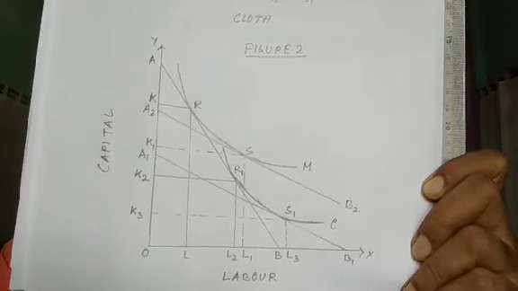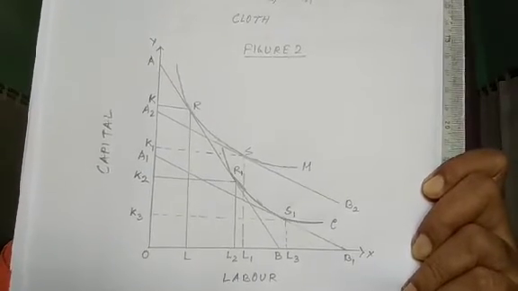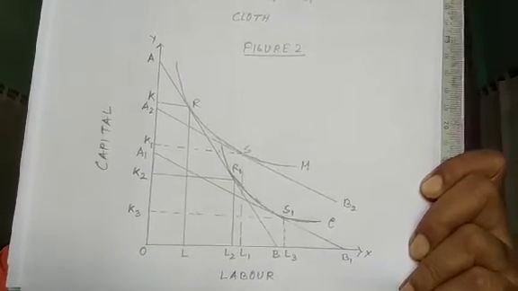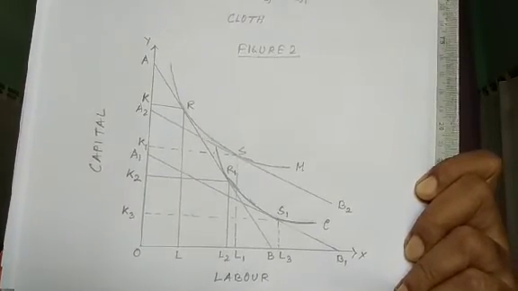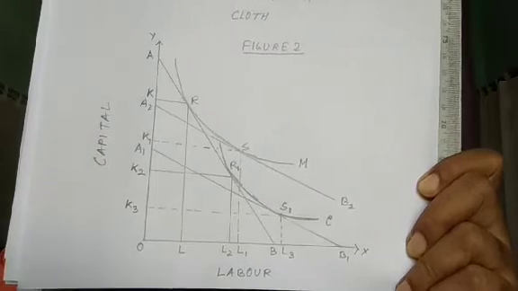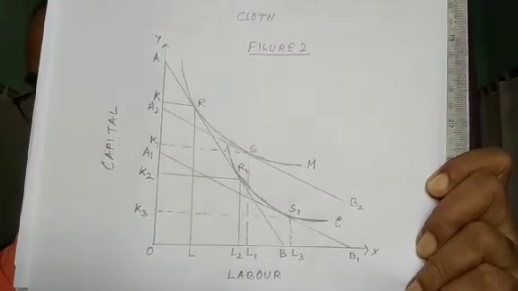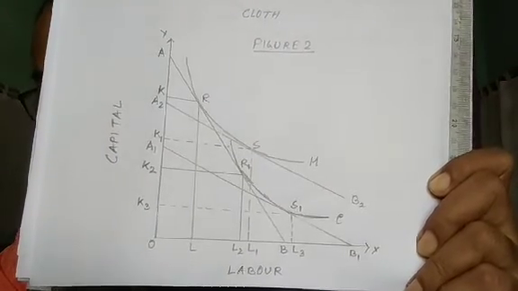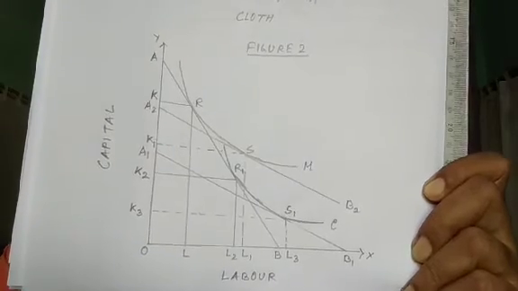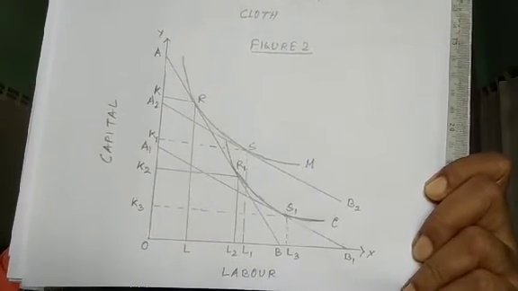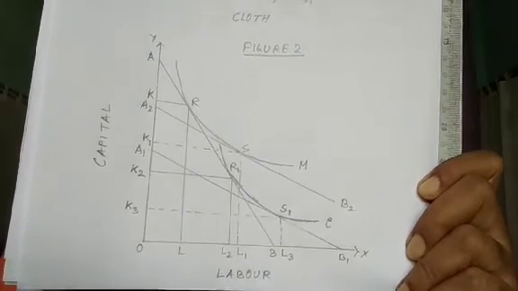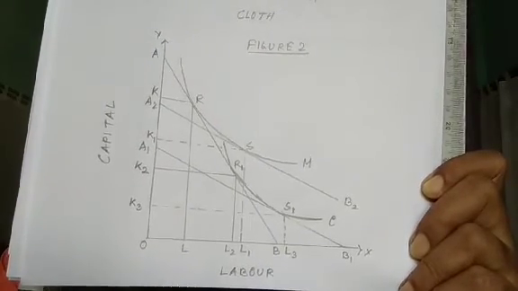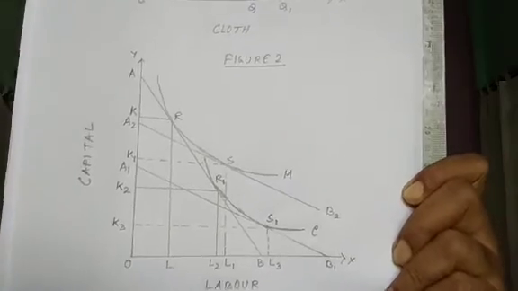Given this factor combination, OK2 units of capital are equal to BL2 units of labor. So the total cost of producing 1000 meters of cloth in country A in terms of labor is OB.